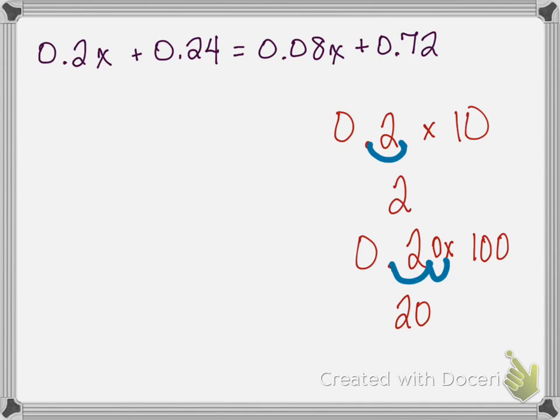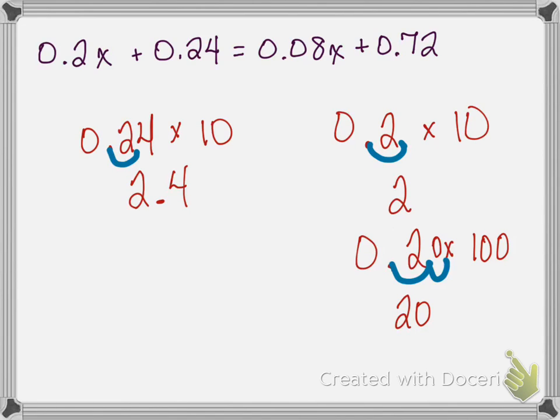I have 20. Okay? Here I've got 24/100. If I multiply 24/100 by 10, I'm only moving my decimal one spot. Does that eliminate my decimal? No, it doesn't. I'm left with 2.4.